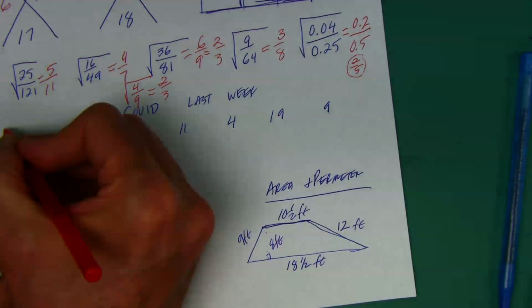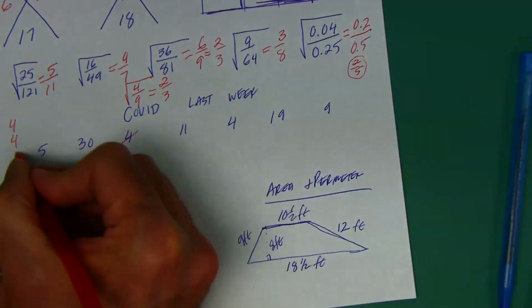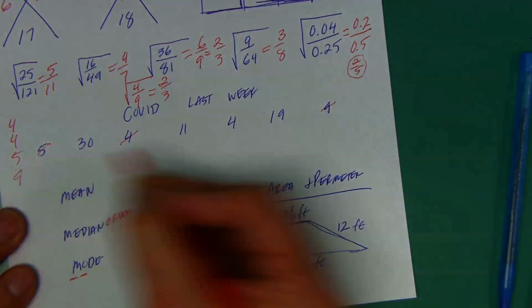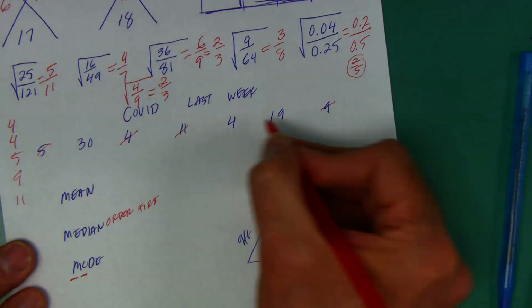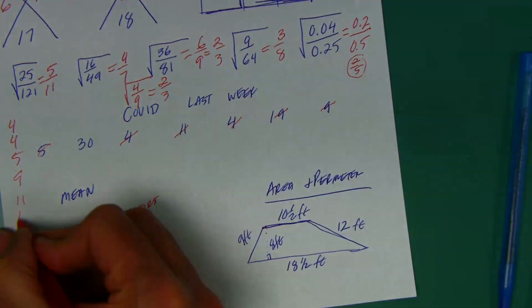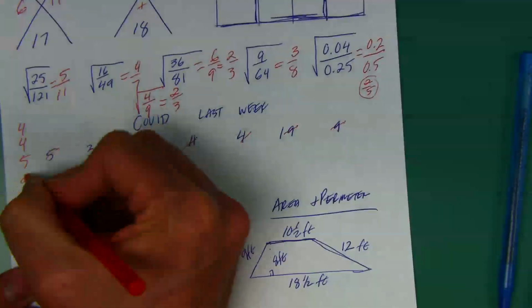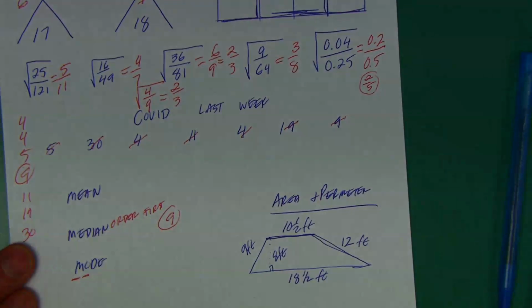Smallest number, there's a 4 there. Looks like there's another 4, and then there's a 5, and then there's a 9, then there's an 11, looks like a 19, and a 30. Now, 1, 2, 3, 4. The 9 is the median. Okay? If I didn't do that, I would have had 11.